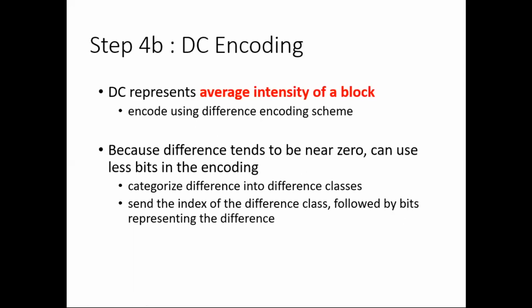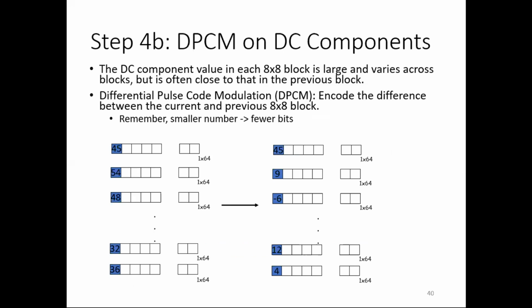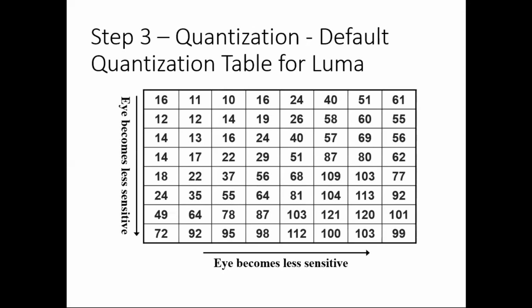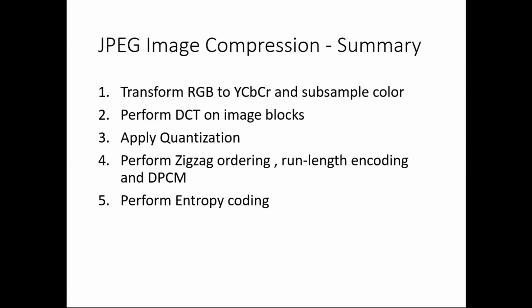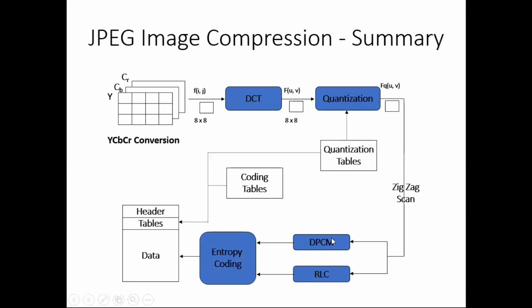After finding the zigzag vector, according to this pipeline, we are applying 2 algorithms, right? This DPCM and run length encoding. The DPCM algorithm is used for the DC factor, and the RLC algorithm is applied for the AC factor.